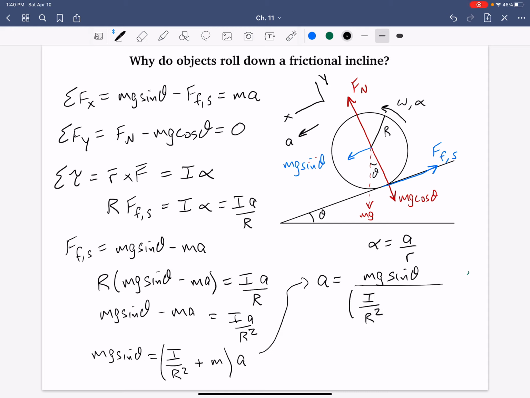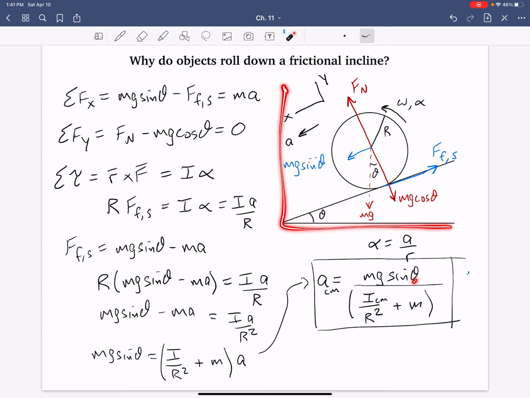So when is sine maximum? When the angle is 90. Well, 90 is just a right angle, so if the ball was on there, it'd simply be a free fall example. So if you increase theta, sine of theta increases as well, closer and closer to 1, which increases acceleration.